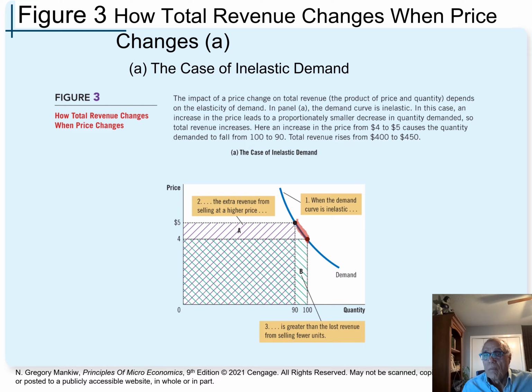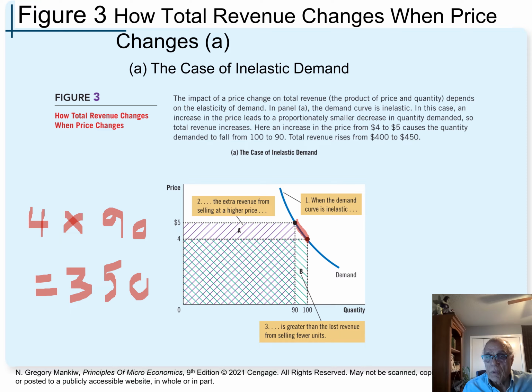Then revenue, which is P multiplied by Q, would be 5 times 90 equal to 450, so if the producers raise the price, the total revenue actually increases.